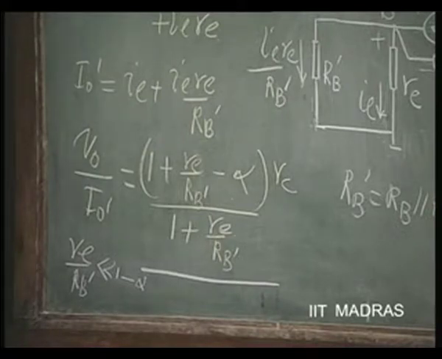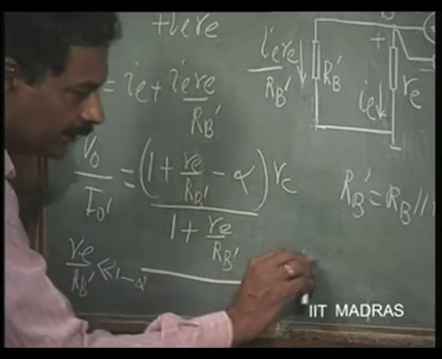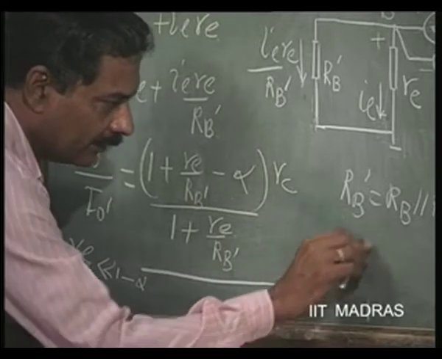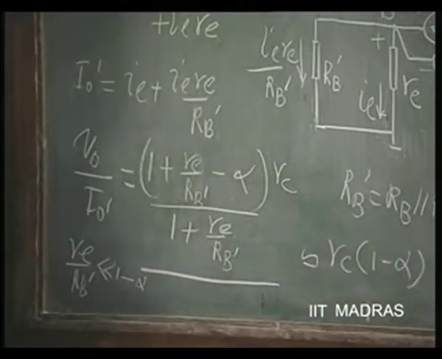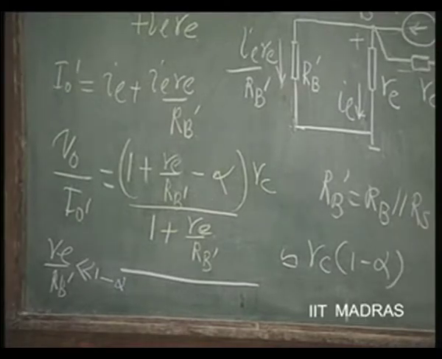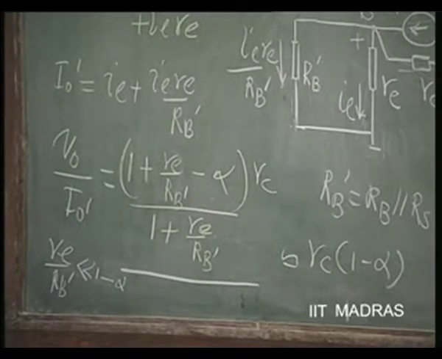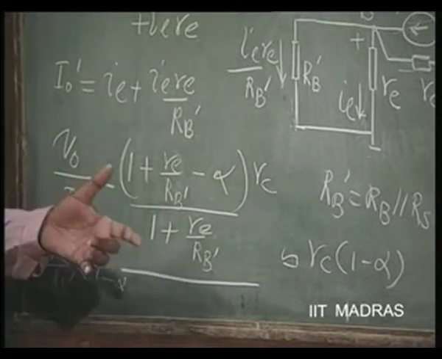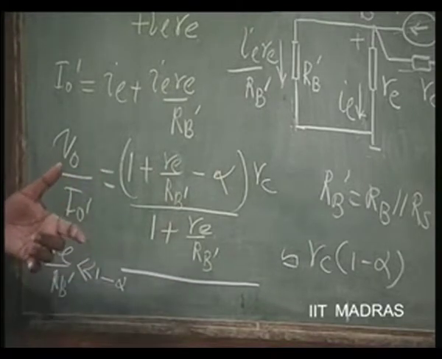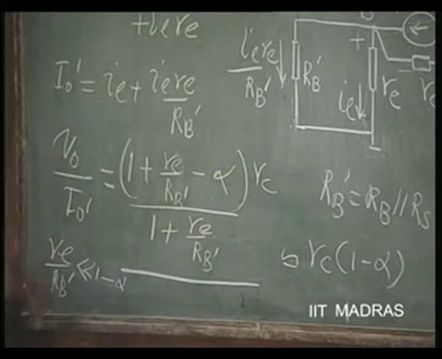then this is very nearly equal to R C into 1 minus alpha. This is the output impedance of a common emitter amplifier. This is the definition for common emitter.